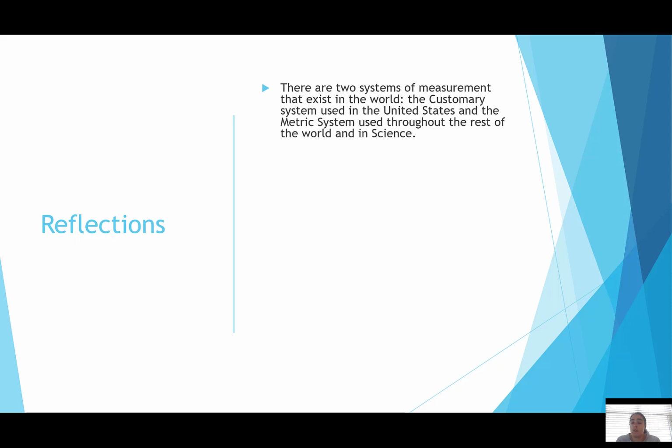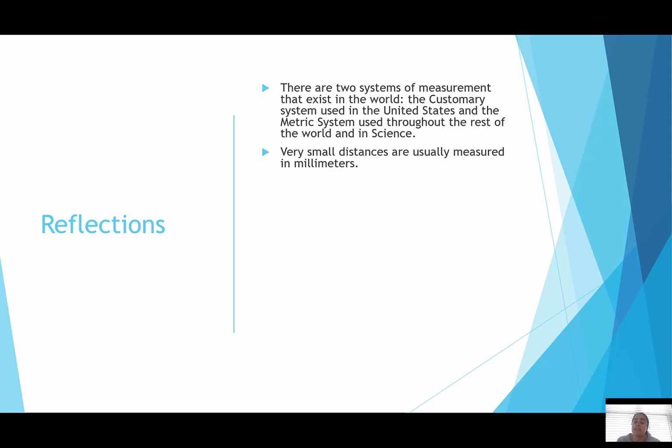So here are some reflections today based on what we learned about the units of measure for length and distance in the metric system. As we know, there are 2 systems of measurement that exist in the world: the customary system used in the United States and the metric system used throughout the rest of the world and in science.